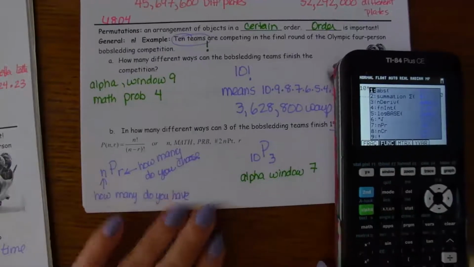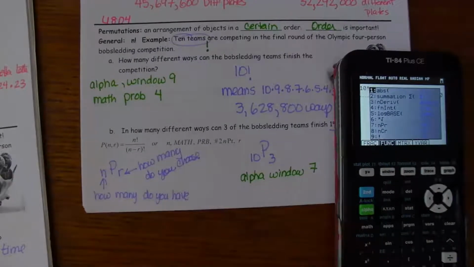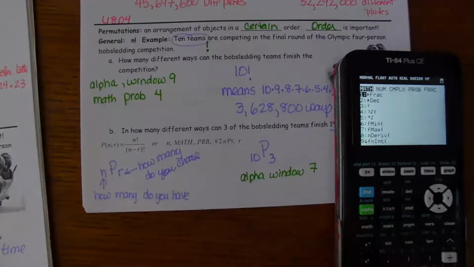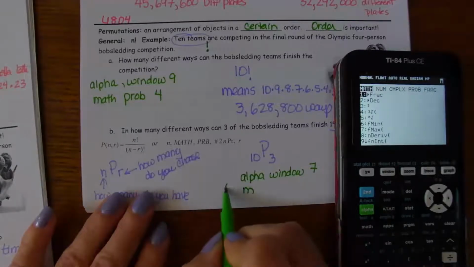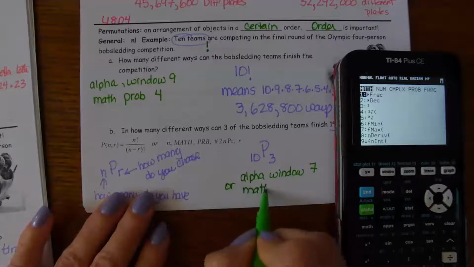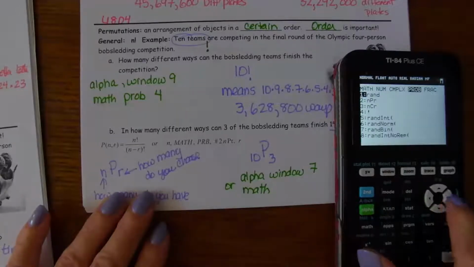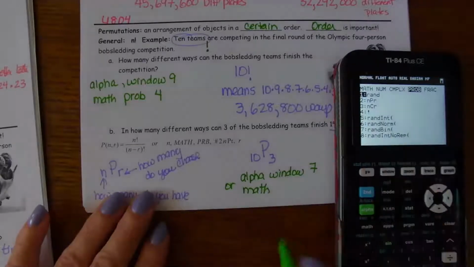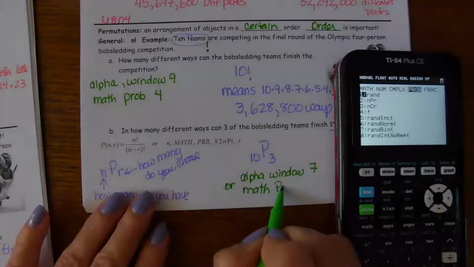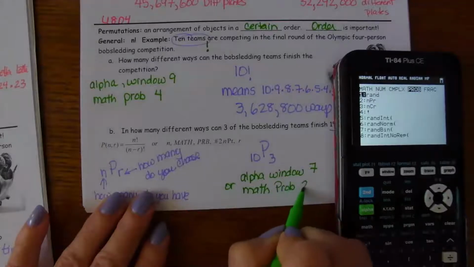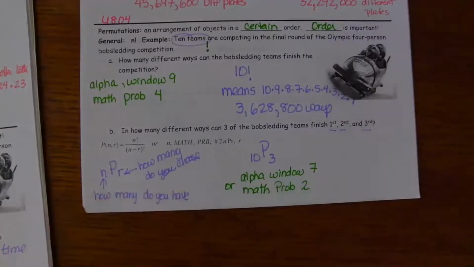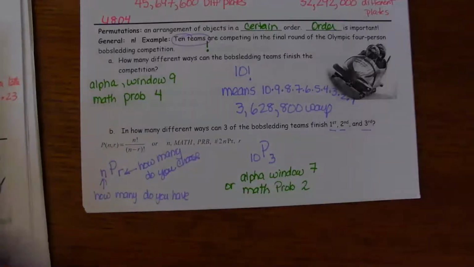If your calculator is not updated and you don't have an alpha window 7, you can do it the same way we did the other one, math probability, and this one is going to be 2. Okay, math probability 2. So go ahead and punch that in.